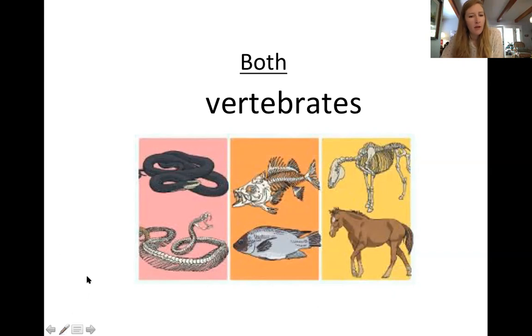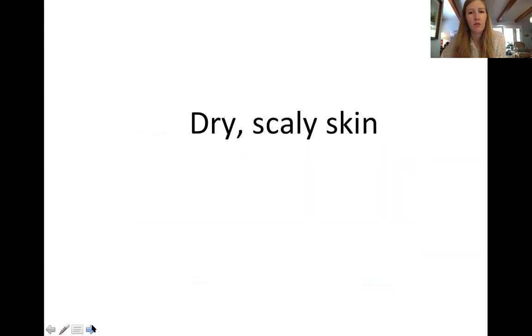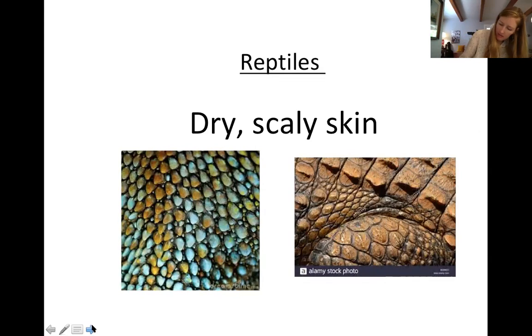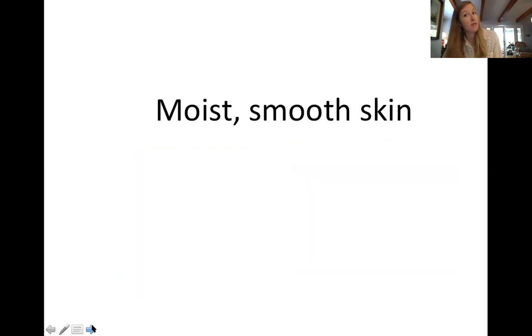Okay, next one. Dry, scaly skin. Reptiles. Okay, next one. Moist, smooth skin.